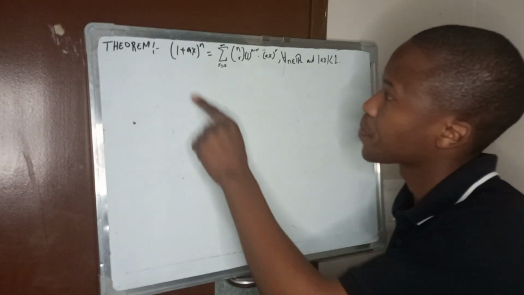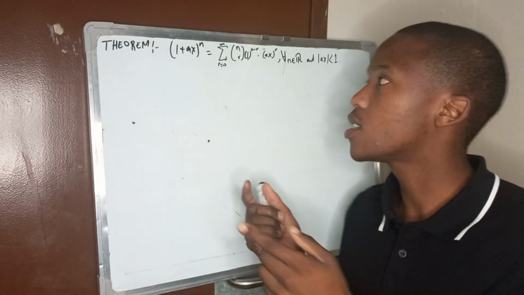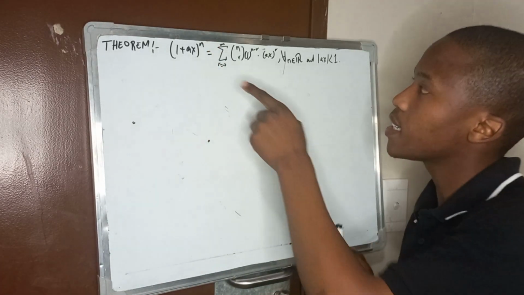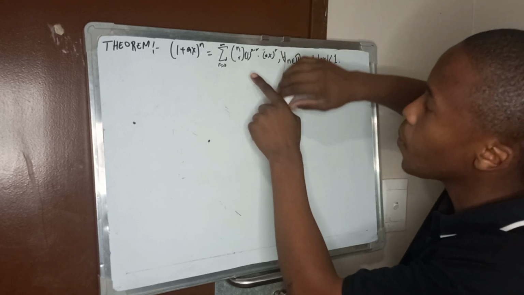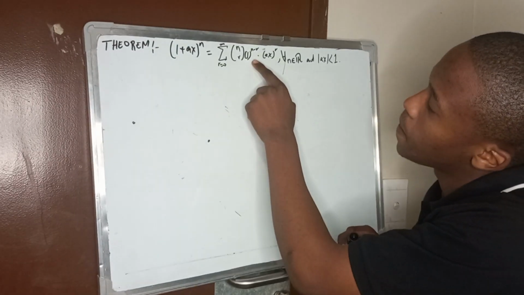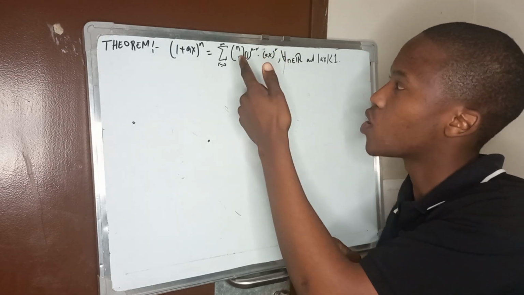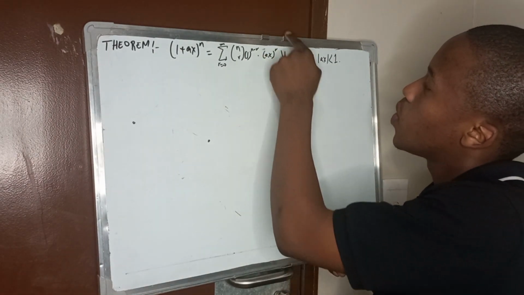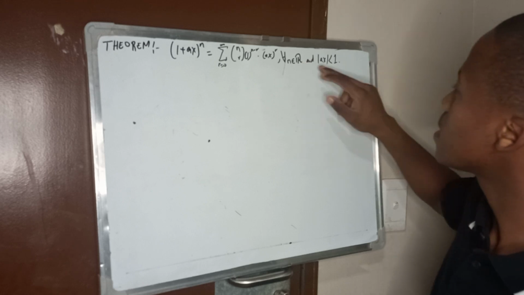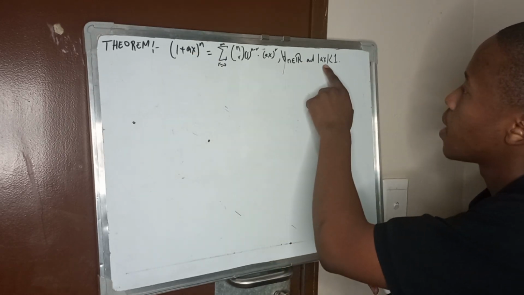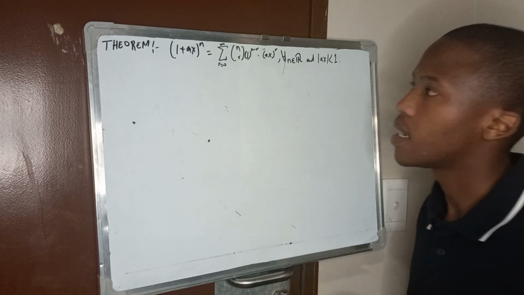It states that if we have 1 plus ax all raised to some exponent n, then that is equal to a sum to infinity from r equal to 0 of n choose r, times 1 to the power n minus r, which is the same as 1, times ax all raised to r, for all n in real numbers and the absolute value of ax, or the magnitude of ax, is less than 1.